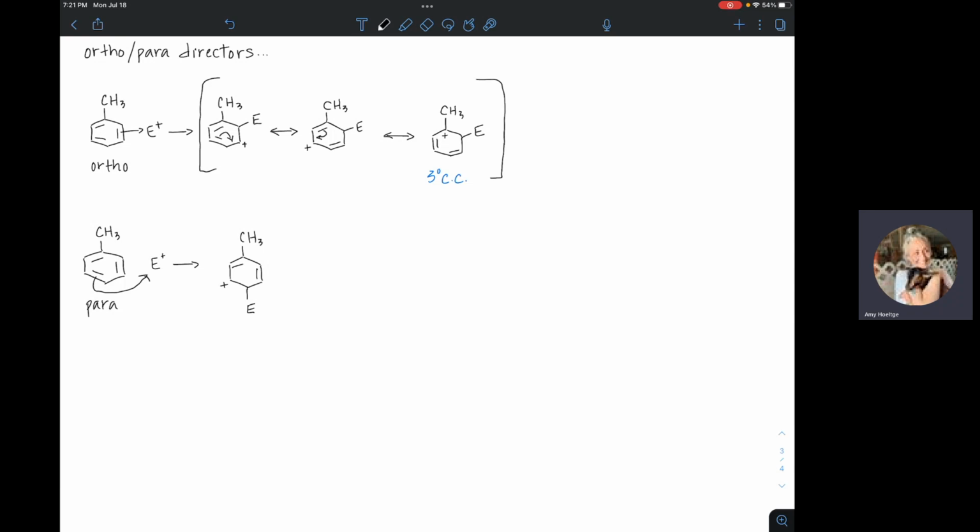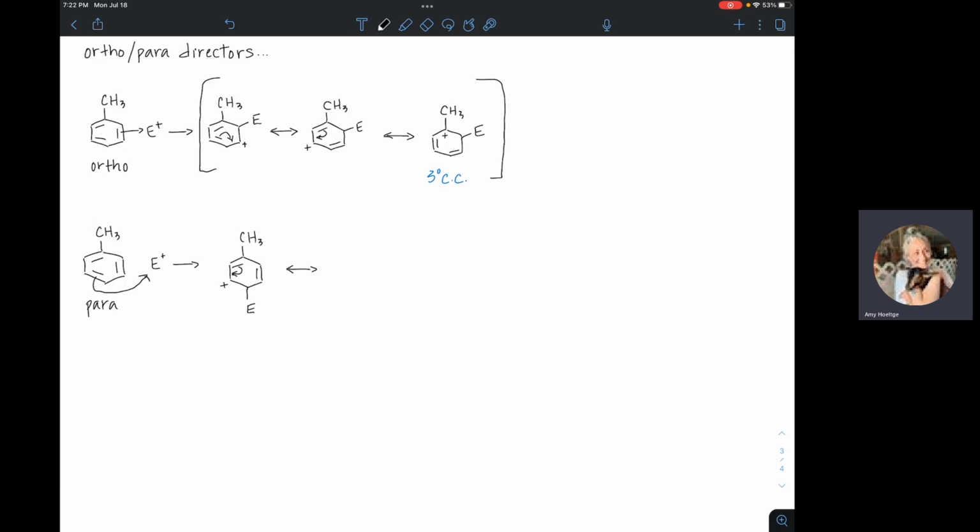Positive charge goes on that carbon. Again, this is all faster than you can probably imagine, right? Because some conjugate base is coming in and ripping a proton off of an adjacent carbon, the one that your electrophile went onto, and re-aromatizing the ring.